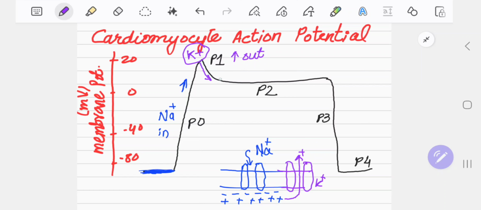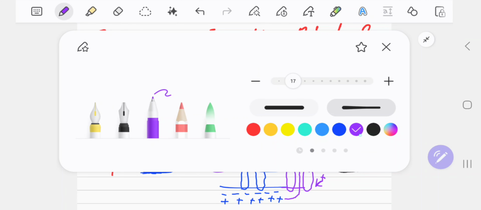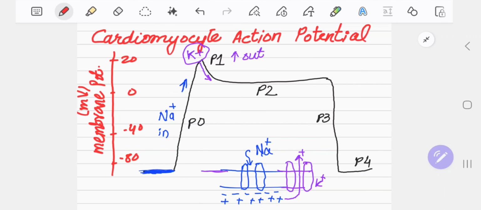but on the way to decreasing, another ion channel opens, and this time let's say it's red. This time it is calcium. So calcium ions would start coming in, and they will start neutralizing the effect of potassium going out.